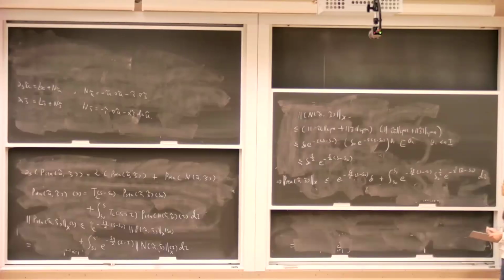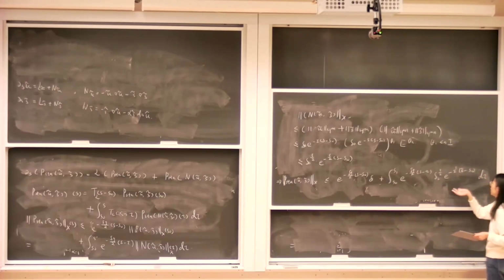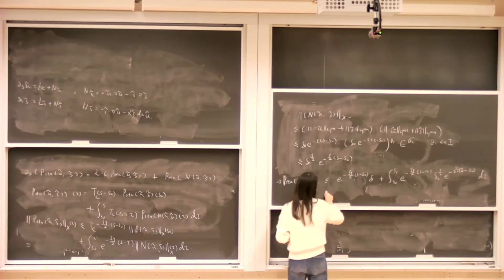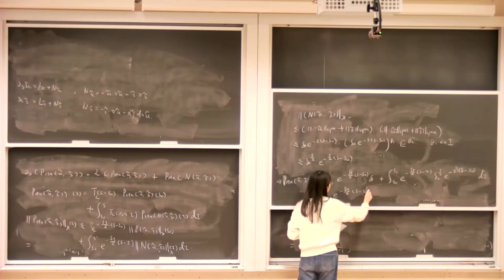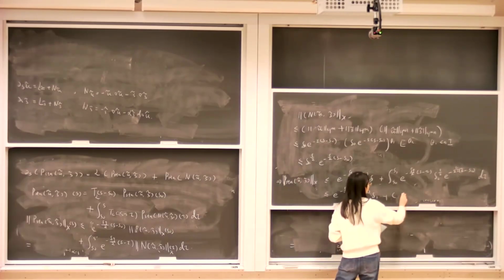So now you are in good shape because from tau to s, you have the e to the negative delta g/2 decay, and from time s naught to tau, your decay is e to the negative 3/2 epsilon. But the goal of decay is just e to the negative epsilon. So everything works out and you will have something like this. Maybe there's some constant, but it will not affect a lot.